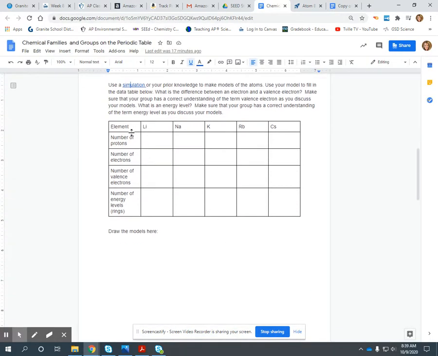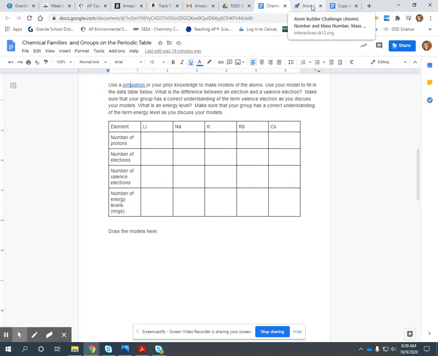On page 2, it tells us to build lithium, sodium, potassium, rubidium, and cesium. Okay, so let's think about how many protons, electrons, neutrons, and valence electrons will be in each one of these atoms. I'm going to start with lithium.